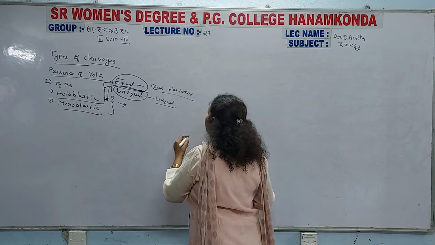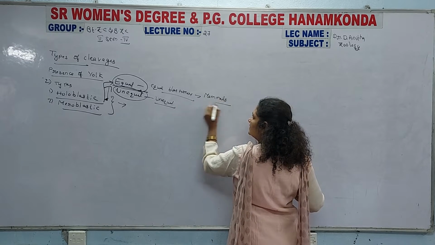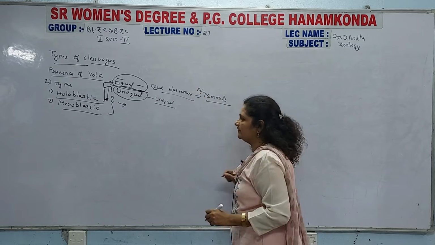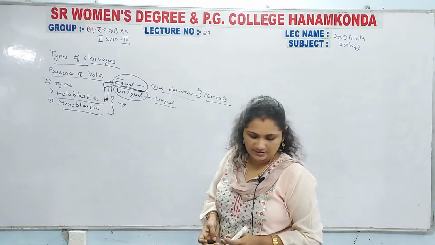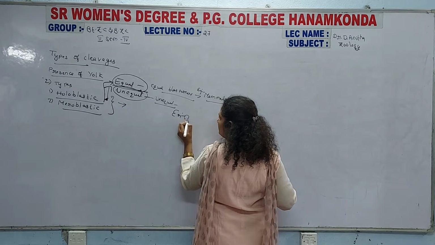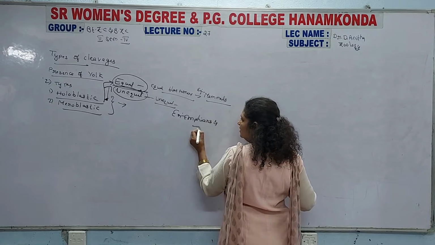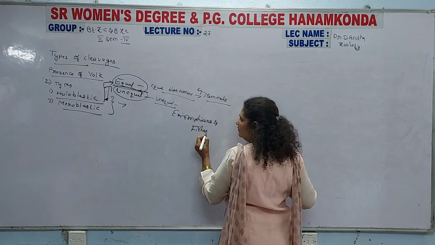Some mammals are the example for the equal holoblastic cleavage, and the examples for unequal holoblastic cleavage are amphibians and fishes. Amphibians and fishes are the main example for this.